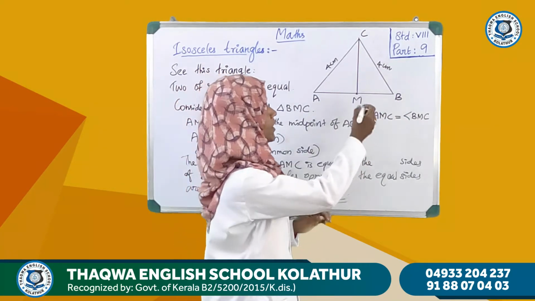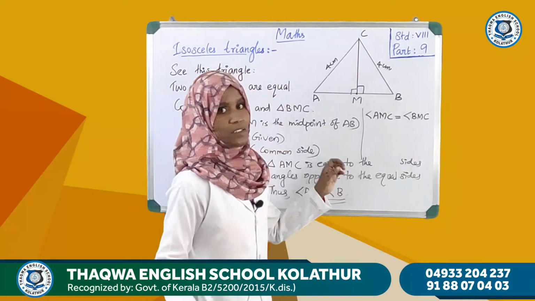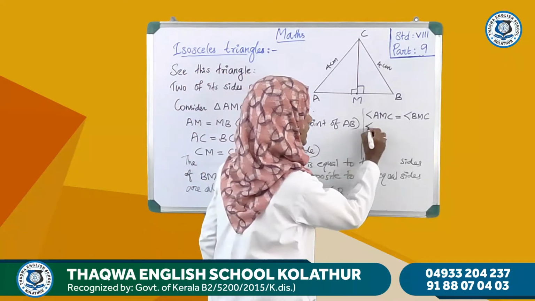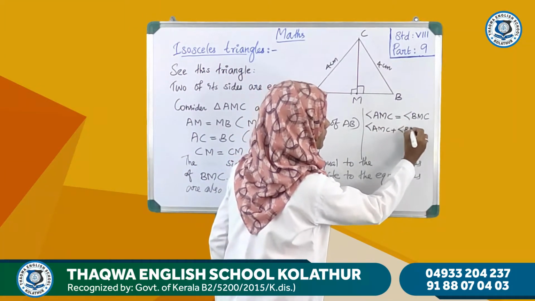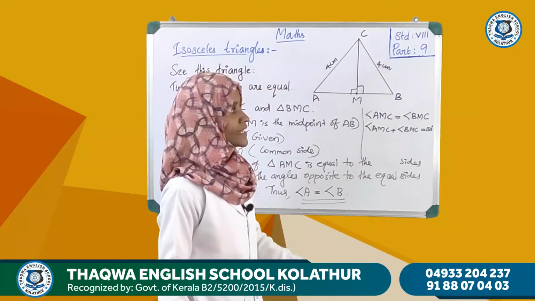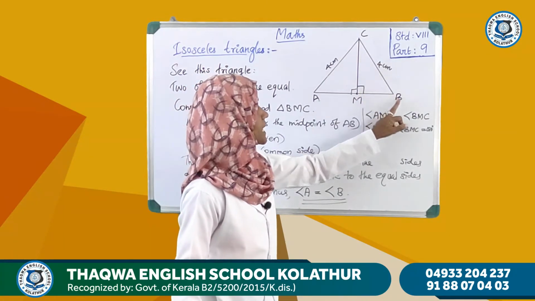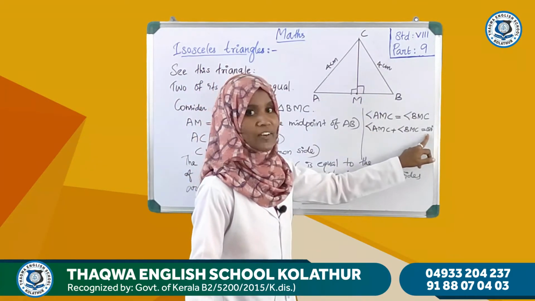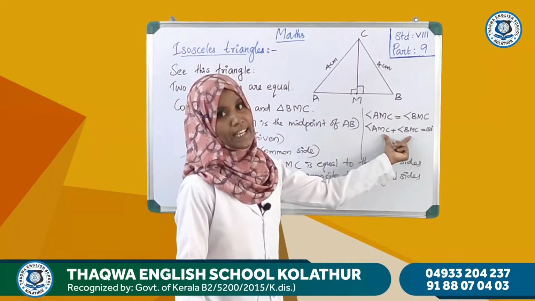Now, these two angles, check. Angle AMC plus angle BMC equals 180 degree. What is the reason? Linear pair. That is, these two angles form a linear pair.